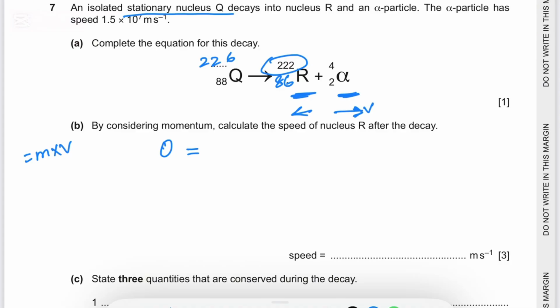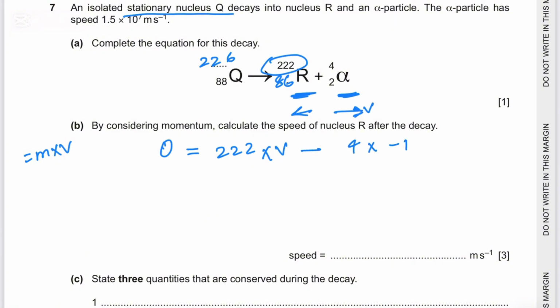Here I'll consider R with positive velocity. So mass of R is 222 units multiplied by its velocity, which is unknown. And then to that you will add the product of mass and velocity of particle alpha. So that's 4 units multiplied by negative 1.5 times 10 raised to 7.